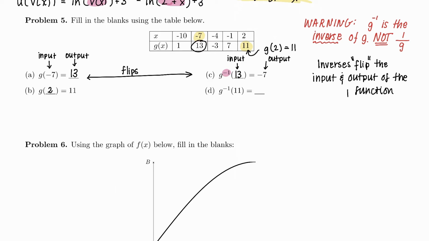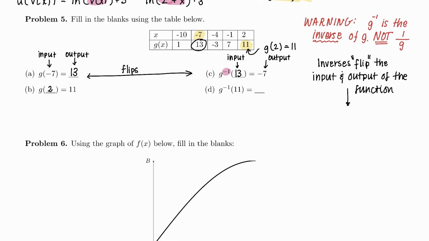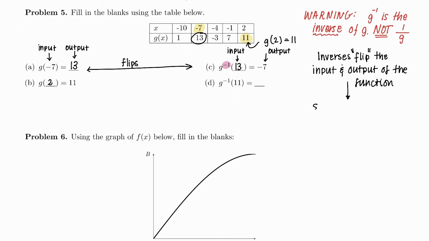So maybe the more mathematically correct way to say this is it switches the domain and range. So this means that g inverse of 11 needs to be 2, because just like in parts A and C, I'm going to flip the input and output.